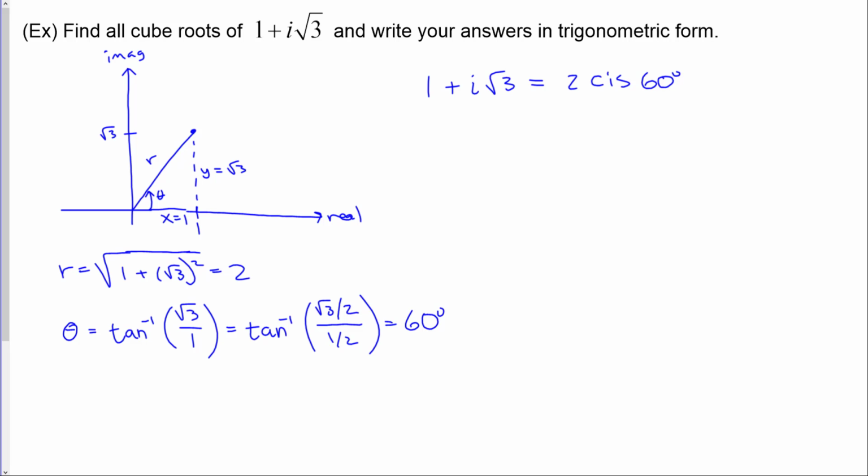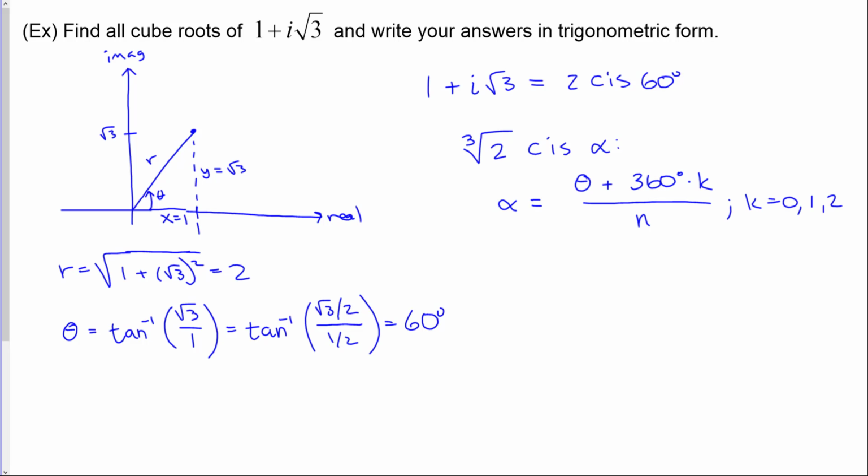The cube roots of 2 cis some value alpha, where alpha is given as theta plus 360 degrees times k divided by n, for k equals 0, 1, and 2.